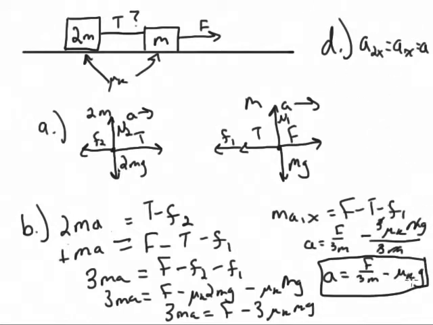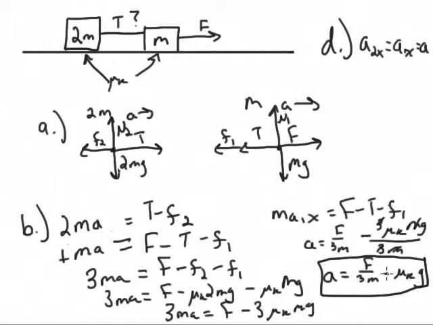This is nice because we need to get something in units of acceleration, and g has units of acceleration. Mu k is just a number between 0 and 1, and force divided by mass is equal to acceleration. So that's great.